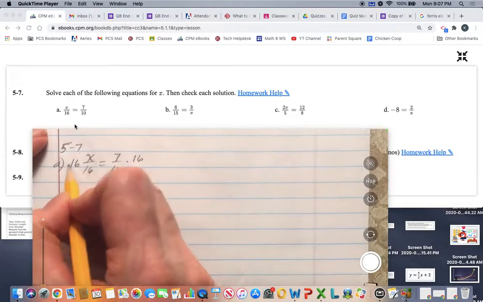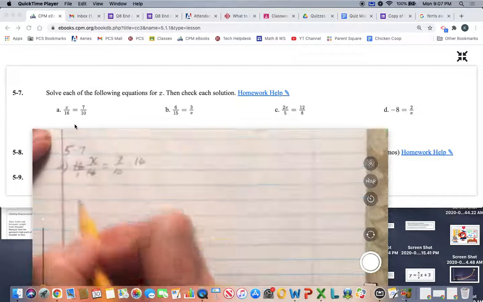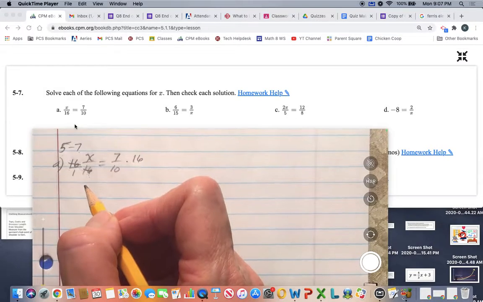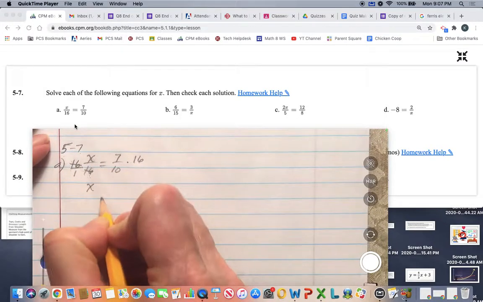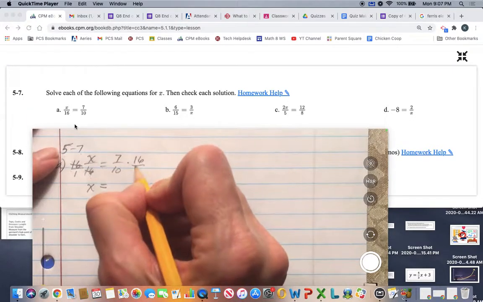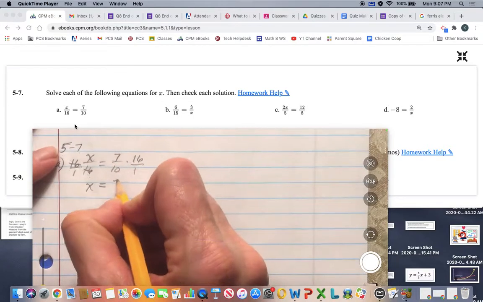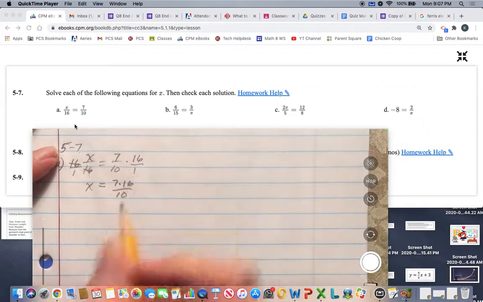All right, so over here, this is 16 over 1, so the 16s cancel out because 16 over 16 is 1. 1 times x is just equal to x. Over on this side, if we multiply across, that's 7 times 16 over 10.